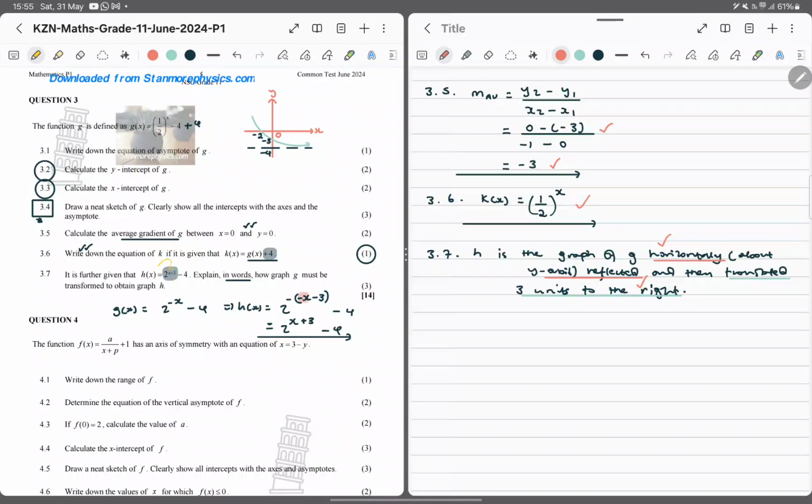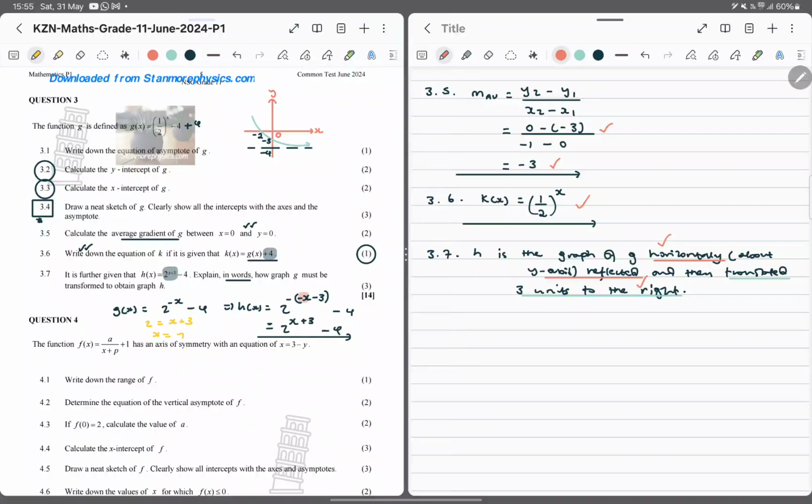So let us see. X-intercept: we take 4 to the other side, it's 2 squared, so we end up with 2 equal to x plus 3, transpose, x is minus 1.